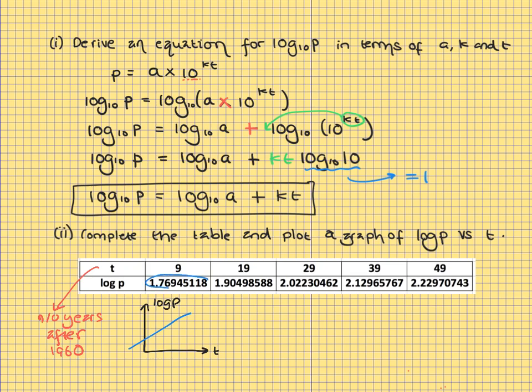Of course, these values have been given to a high degree of accuracy. You will probably have to round these to 3, possibly 2 significant figures, depending on the level of accuracy of the graph paper that you have. You can also practice drawing the graph on your graphical calculator in stats mode and then using the techniques that you've used for scatter graphs in the statistics work to find the equation of the line of best fit that way.